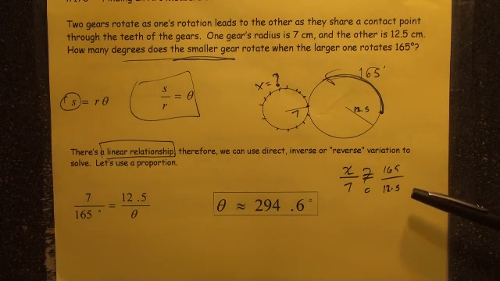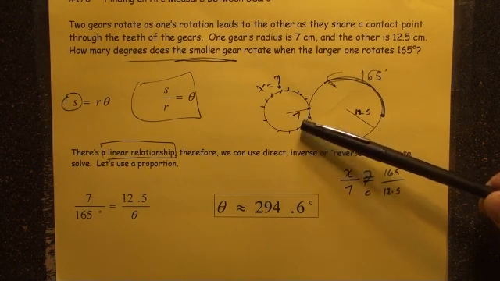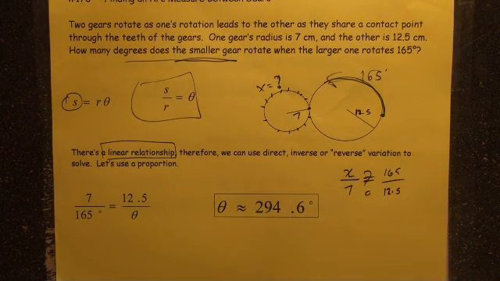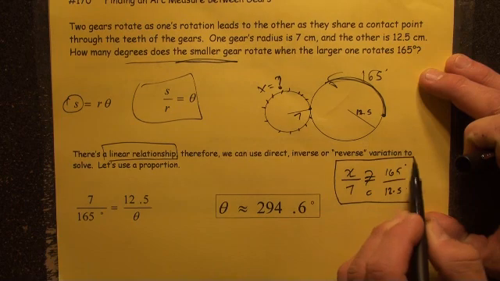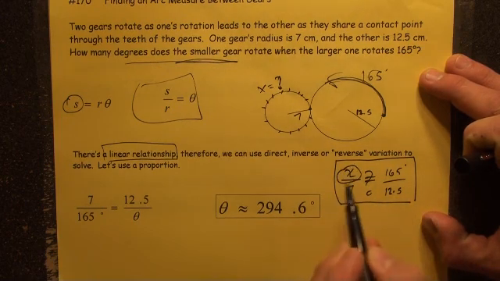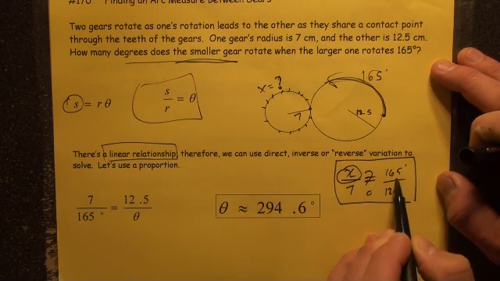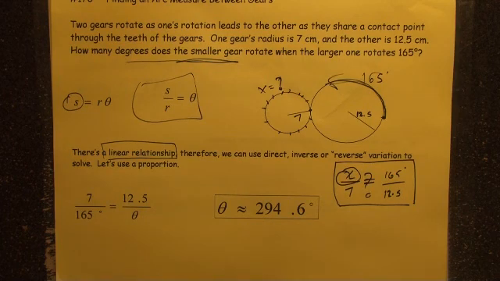Isn't it true that the smaller gear is going to rotate at a larger amount of degrees? Which means this would be incorrect, because in order for this proportion to be equal, wouldn't x have to be what? Bam! Smaller than 165.